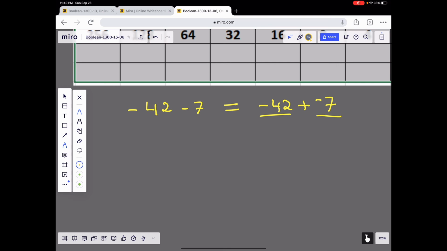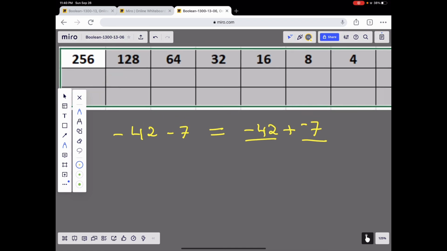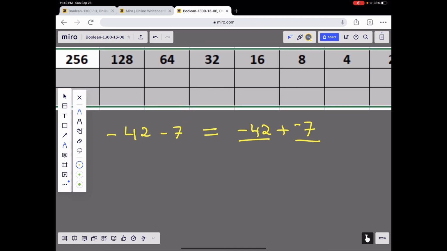So first, you find the two's complement for negative 42. 42 equals 32.